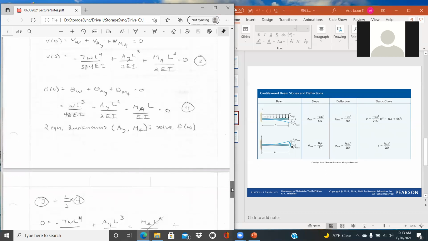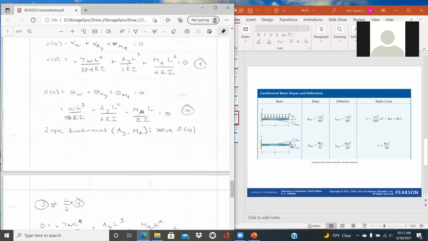And I just did that with the Gauss elimination type method. I kind of saw that, let's see, this last term in each one of them, if I were to multiply everything through here by an L over 2, I would end up with a minus MAL squared over 2EI.